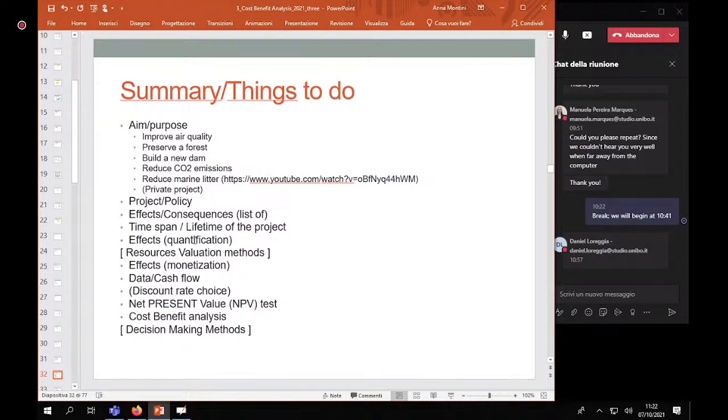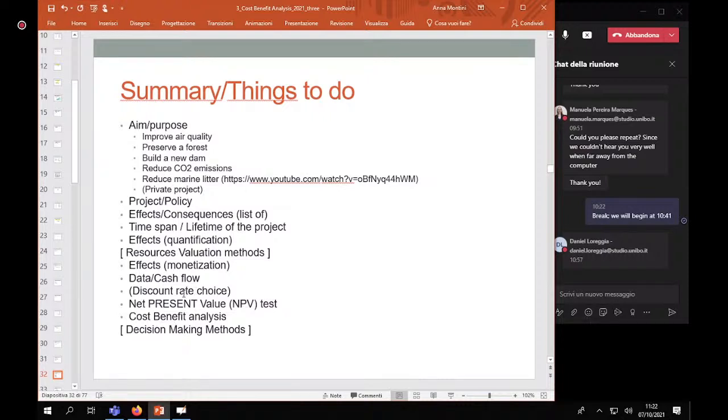In that example, you have the quantification of the effects. Then you have to monetize the effects. You have to define the cash flow with figures, data. You have to choose the discount rate. You have to calculate the net present value, so the net present value test.